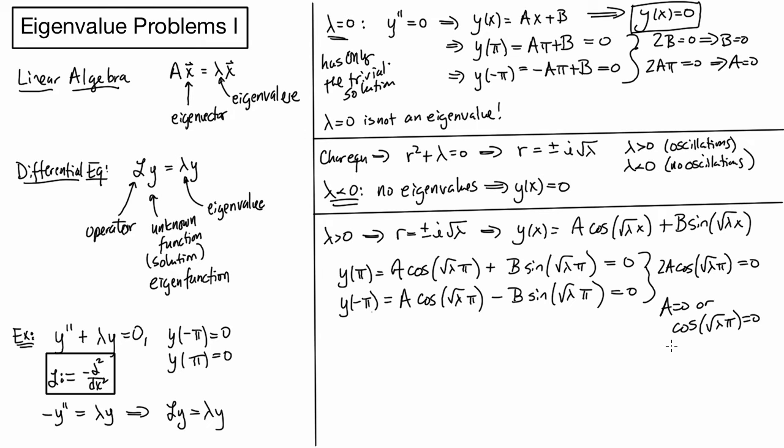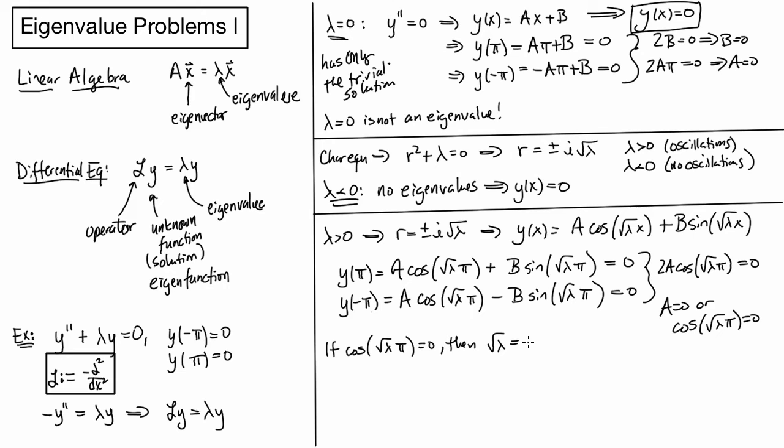Let's start with the possibility that cosine of square root of lambda pi is 0. So if the cosine is 0, then we know that the square root of lambda has to be an odd multiple of pi halves, or it has to be an odd multiple of 1/2, because we need to have odd multiples of pi halves in here.